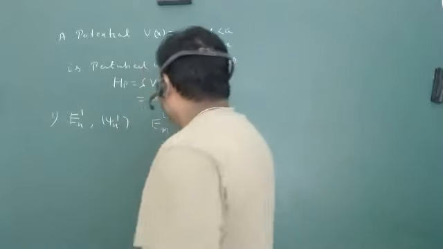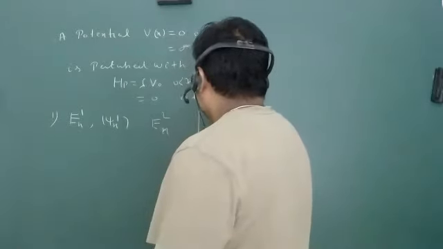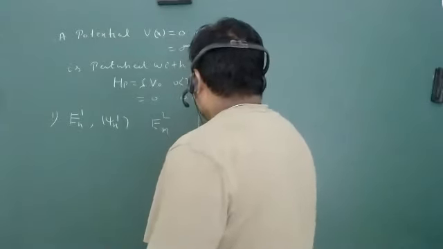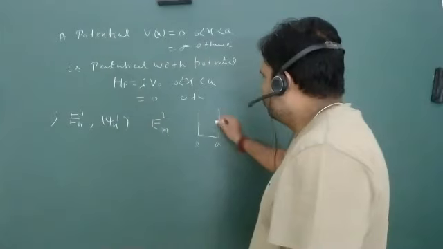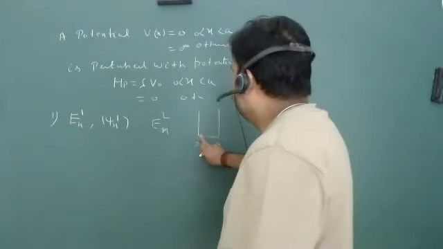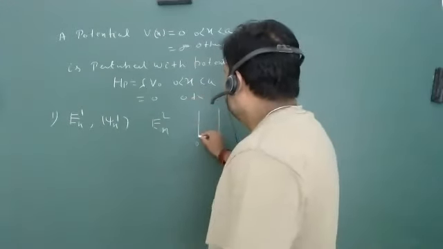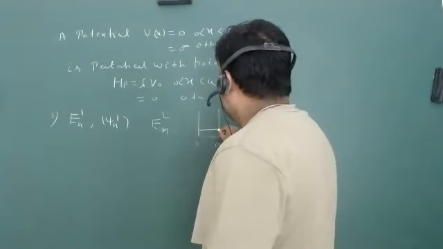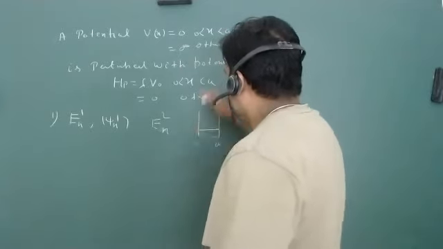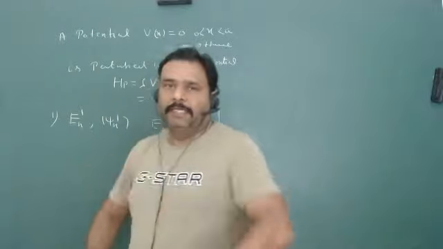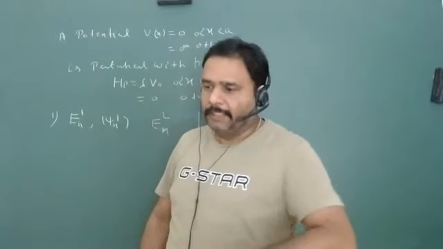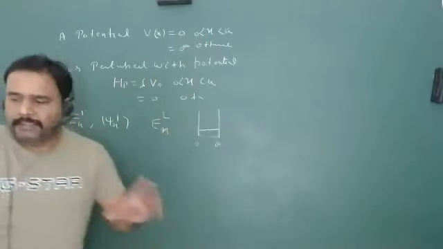This is nothing but a particle in a box from 0 to a. What we are doing is, this is unperturbed, and we are just changing the base level, so we are shifting the base. That base will be some constant value. So let's try to figure it out.